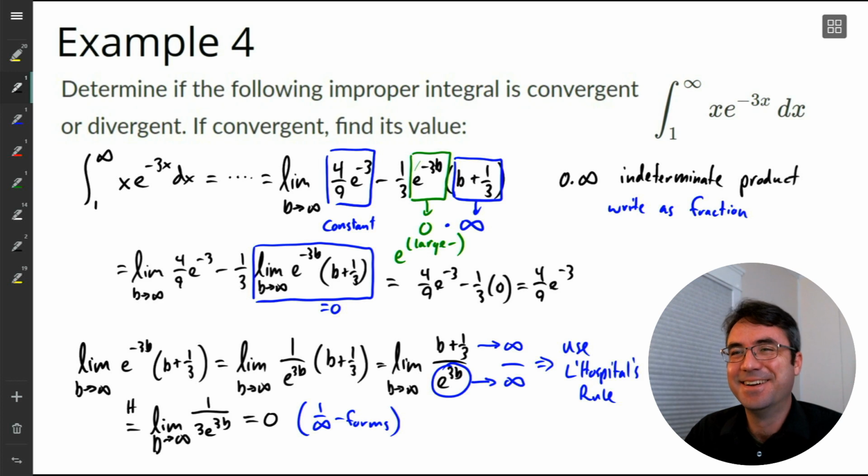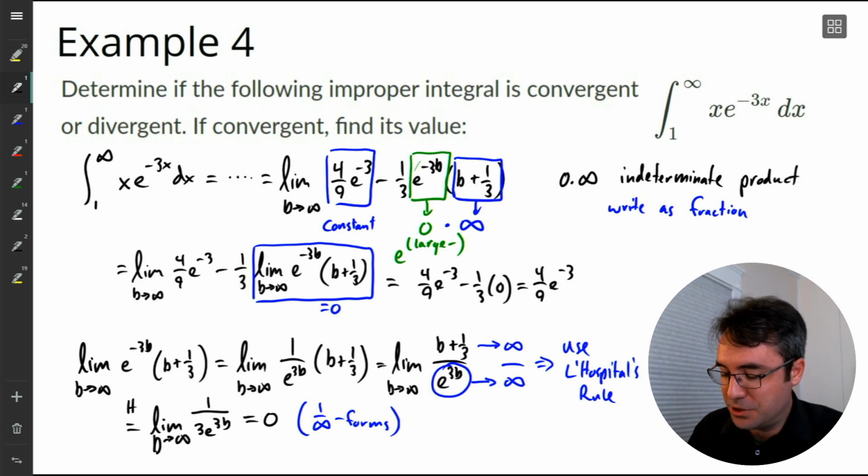Whew. So some of these really take work. We had to bust out the integration by parts. We had to do an indeterminate product here, use L'Hopital's rule. So we had to do some work here, but we were able to get it.